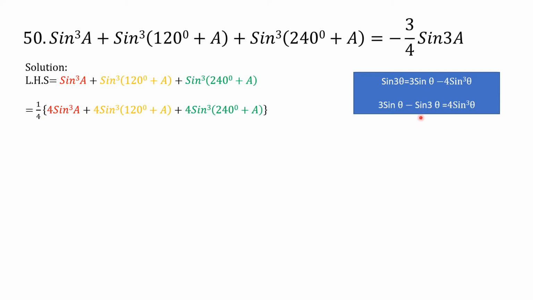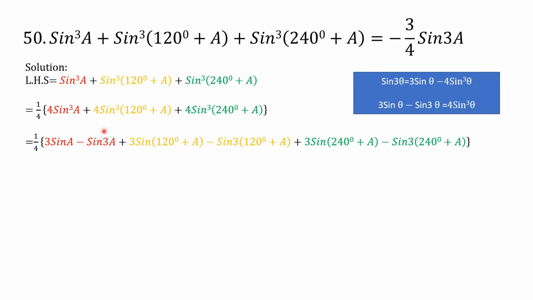So upon applying this formula, in place of 4 sin cube a, we will get 3 sin a minus sin 3a. In place of 4 sin cube (120 plus a), we will get 3 sin (120 plus a) minus sin 3(120 plus a). And upon applying the same formula in this term, we will get 3 sin (240 plus a) minus sin 3 in bracket (240 plus a). I hope this is clear.